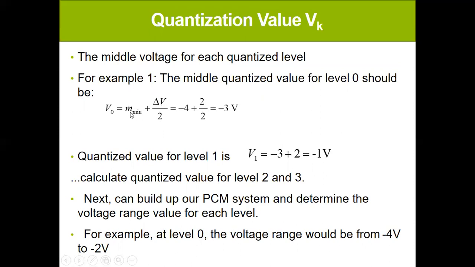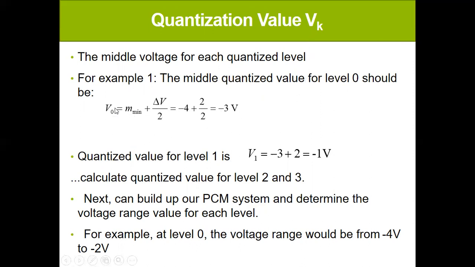Okay, so the quantization level value for the first one is this. For the example we discussed, V min equals -4, delta V equals 2, so V0 is -3 volt. So what will be the next? Vk means V1, V2, V3, V4.